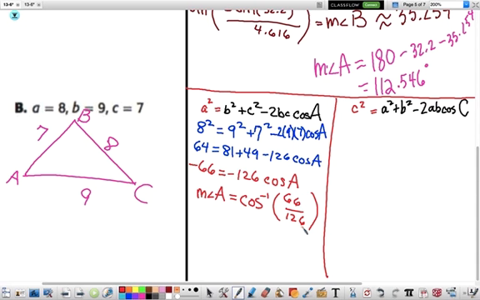Yep, Kate. So do you just take the, like how do you get. Divide by the negative 126, right? And then take cosine inverse of it. And that's what I have right here. Yep. So 2 steps. Divide and then take cosine inverse. I got 58.412. Yep. 58.412.